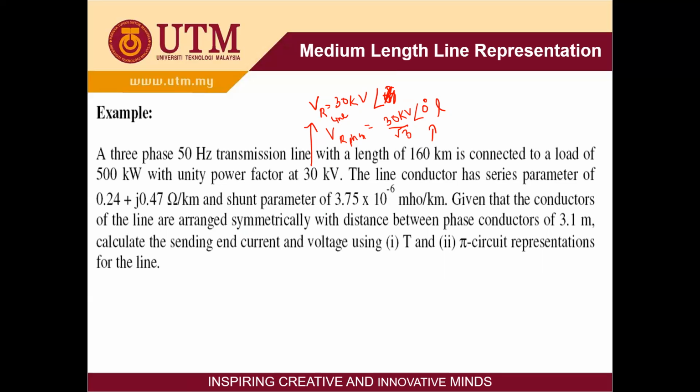Given that the conductors of the line are arranged symmetrically with a distance between phase conductors of 3.1, please ignore this one, we didn't consider this. Calculate the sending end voltage using T and pi circuit representation for the line.